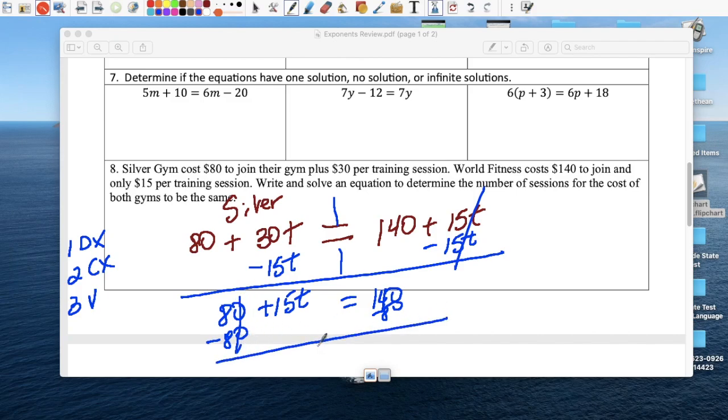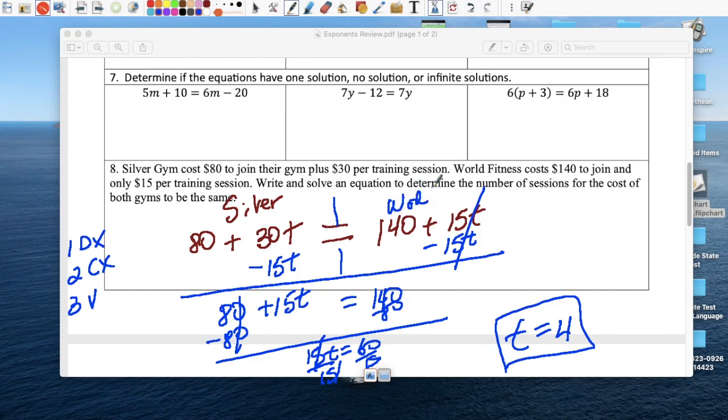The 80s go away because it's 0. 15t equals 60. We're going to divide by 15 and divide by 15. 15 divided by 15 is 1, and then we get t by itself. And 60 divided by 15 is 4. So in 4 training sessions, the cost of going to Silver Gym or the cost to go to World Fitness Gym is going to be exactly the same.